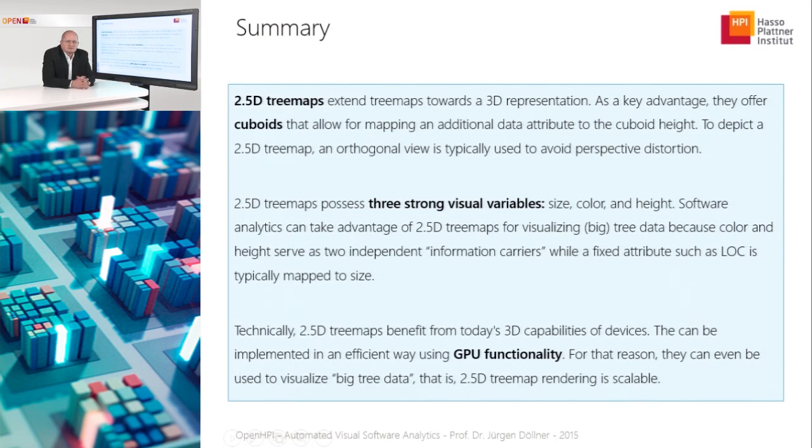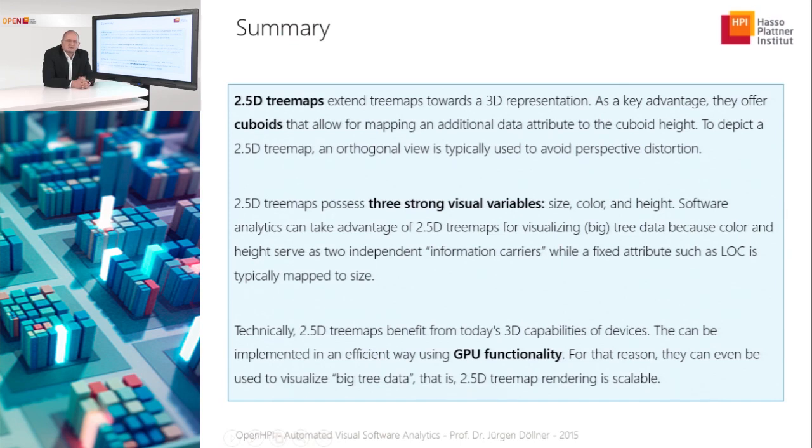Software analytics, in particular, can take advantage of these 2.5-dimensional tree maps for visualizing tree data, possibly even big tree data, because color and height serve as 2 independent information carriers, while a fixed attribute, such as lines of code, is typically mapped to the ground base size of a cuboid.